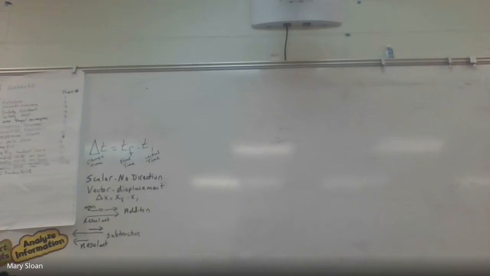If we have two vectors going in the same direction, we're going to add them together to get the total amount. If we have a vector going in one direction and then going in the opposite direction, we're going to subtract them. So let me give you an example.